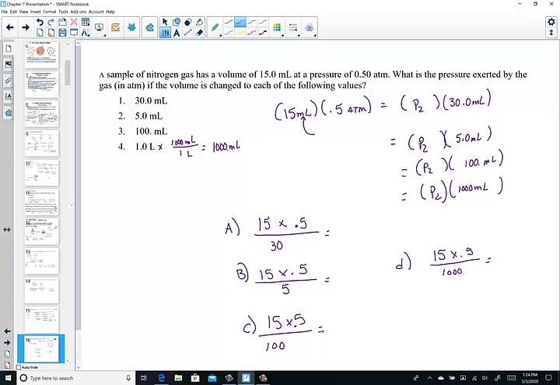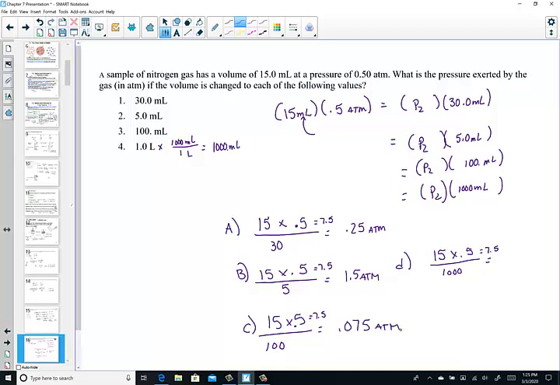So when we hit 15 times 0.5, you get 7.5. 7.5 over 30, and this came out to be an answer of 0.25 atmospheres for letter A. 2 sig figs were perfect. 15 times 0.5 divided by 5, 2 sig figs gave me a value of 1.5 atmospheres. 15 times 0.5 this time divided by 100, and we get 0.075, and that's still 2 sig figs, so we're good.